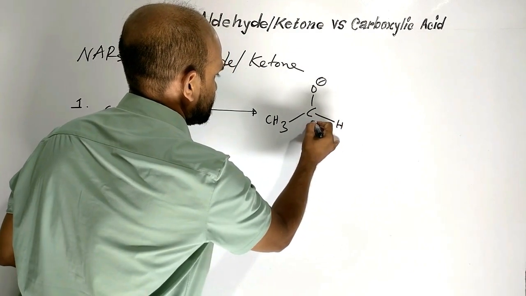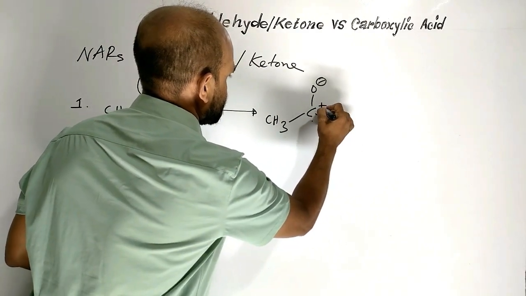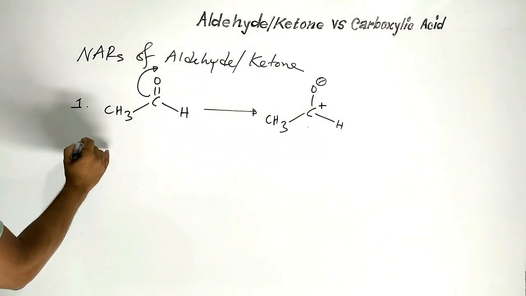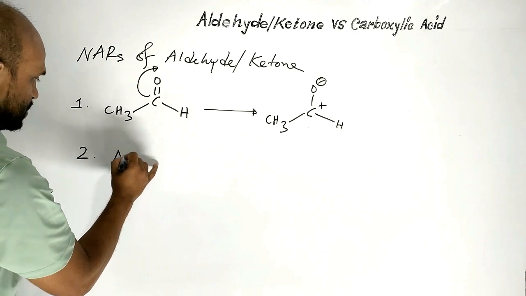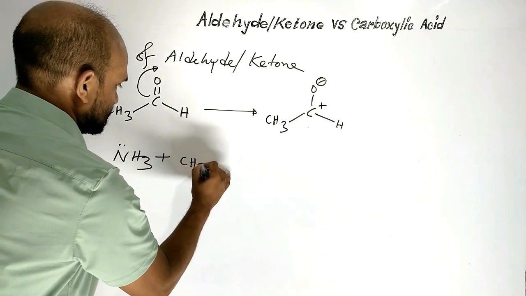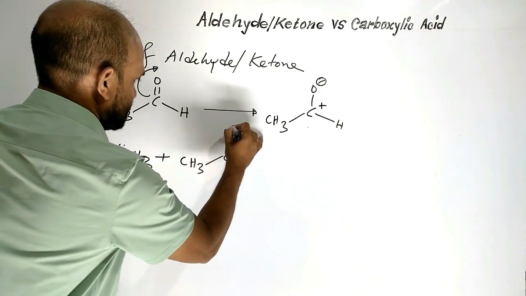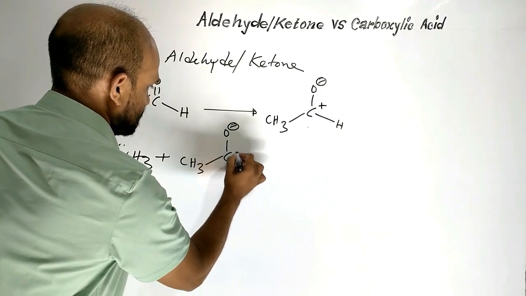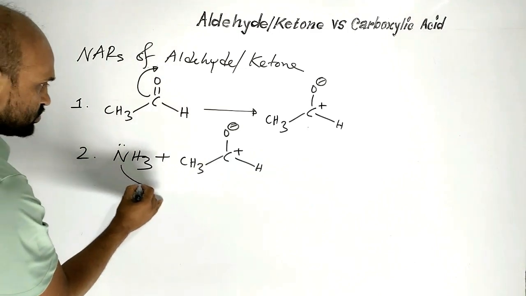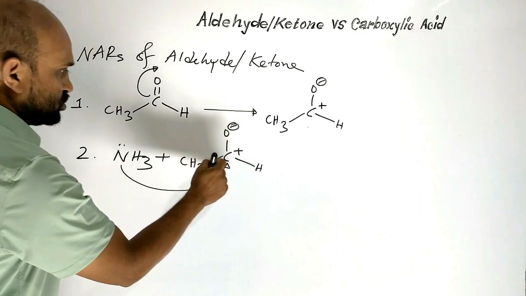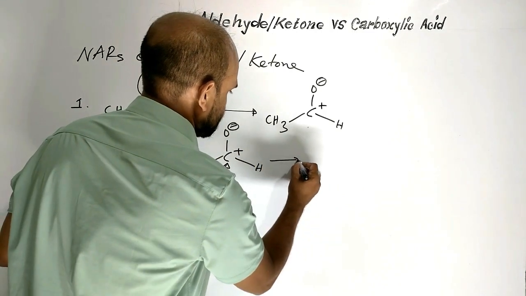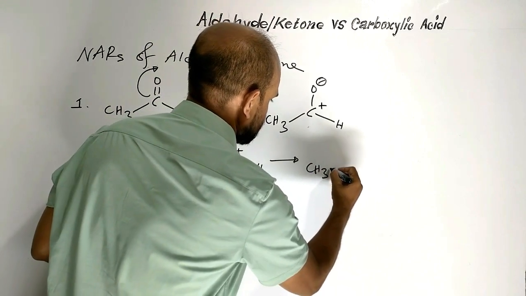Here the carbon becomes positive in charge. This is step number 1. Step 2, nucleophile ammonia. This nucleophile forms a chemical bond to the carbonyl carbon, the positively charged carbon. As a result, this is obtained.